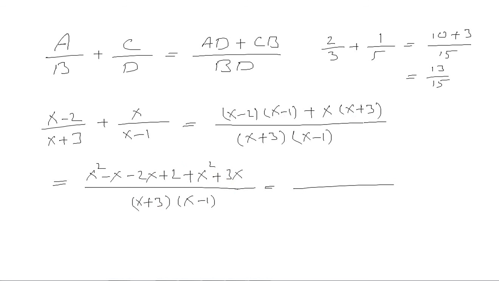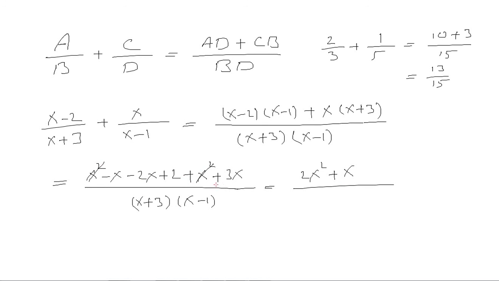This equals, okay, do I have any like terms? Yes, I have x squared and x squared here, so that gives me 2x squared. I have negative 2x here and 3x here, that gives me just plus x, so took care of that.